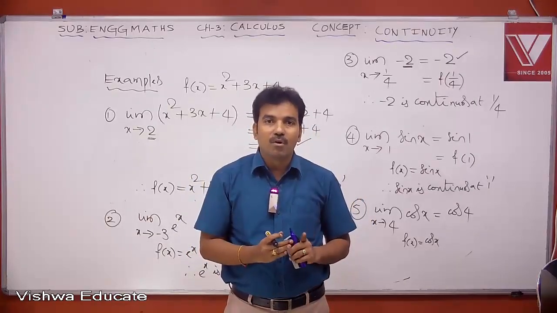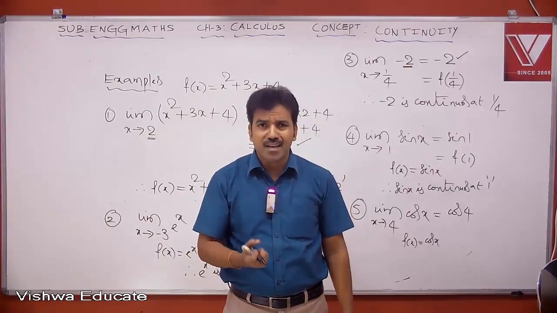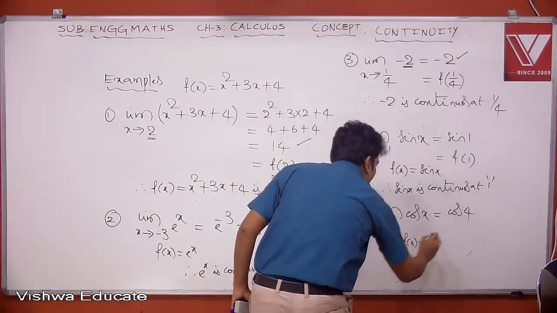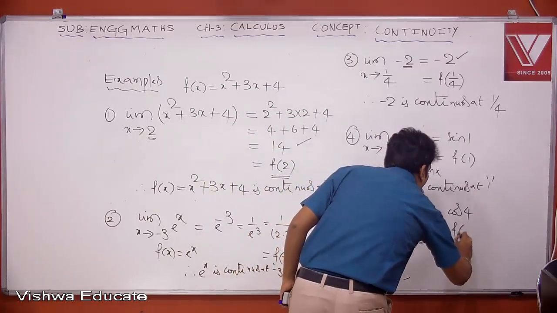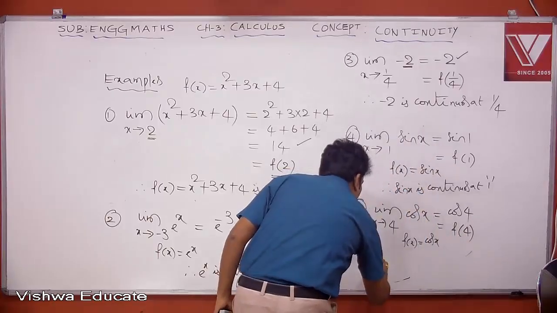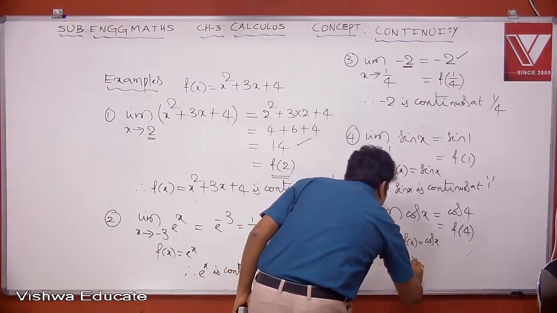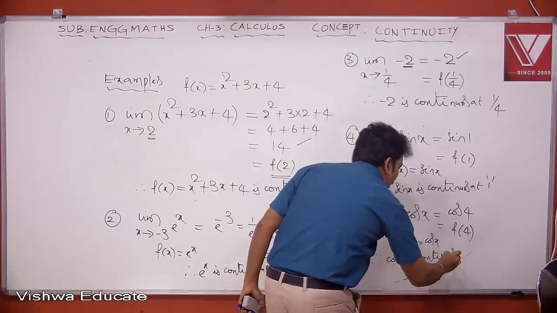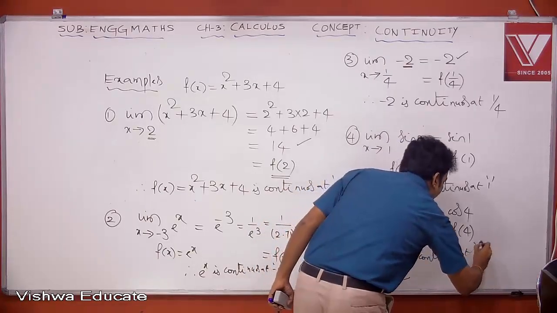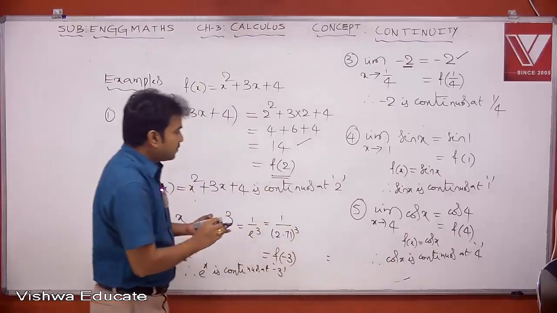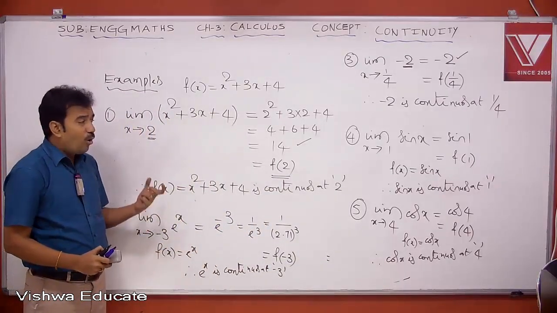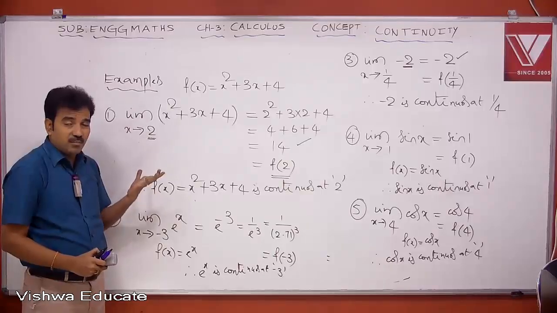We know that any number ranging from minus 1 to plus 1 is again a finite number. So f of x equals cos x and this value is nothing but f of 4. Therefore, cos x is continuous at 4.